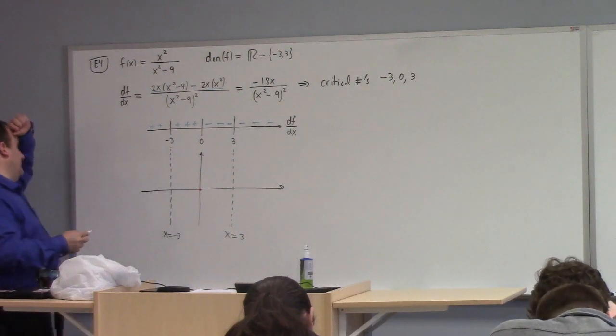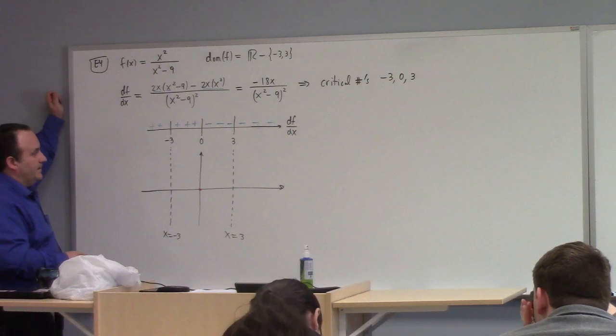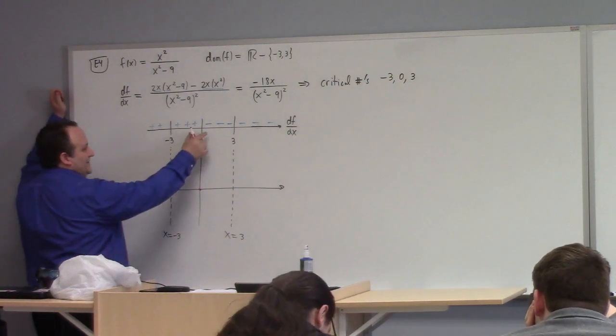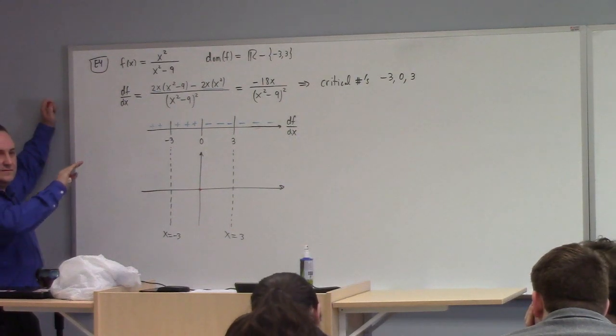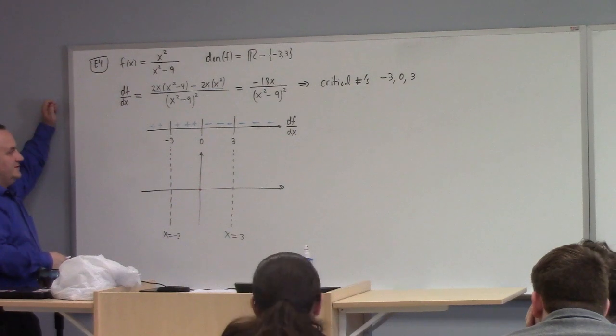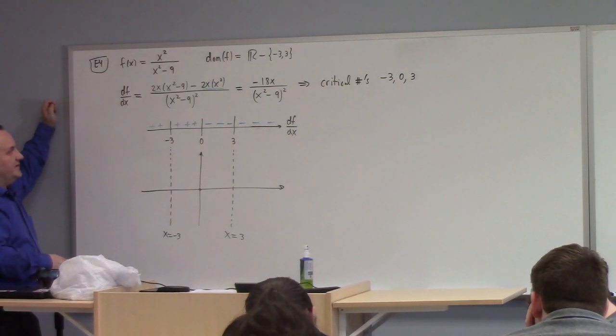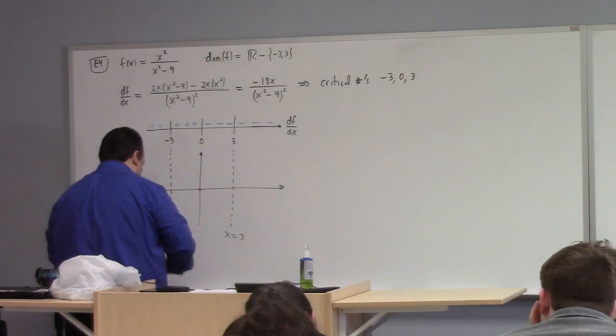And then what can you tell me about 0 if you look at this? It's a local max.